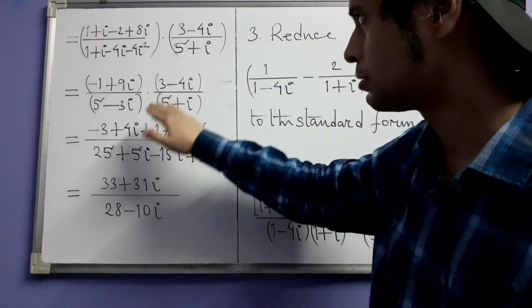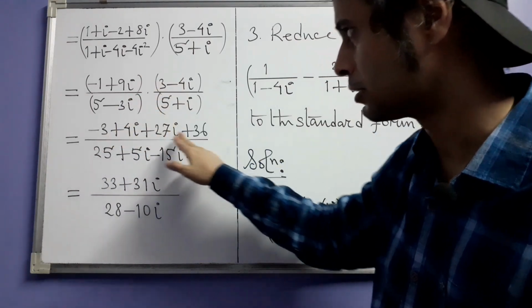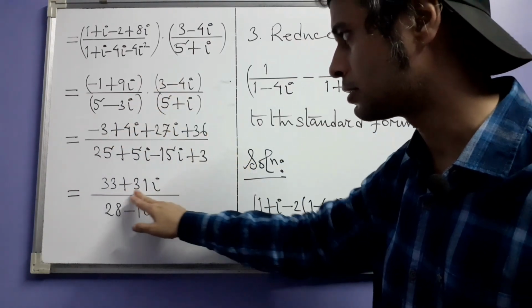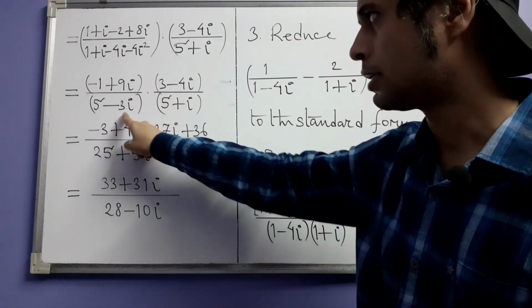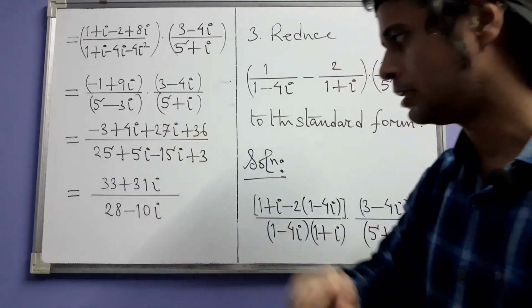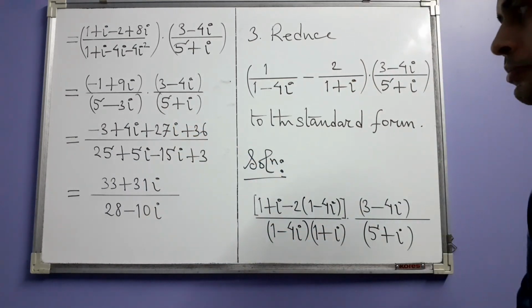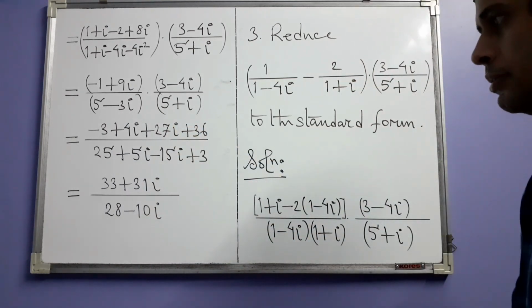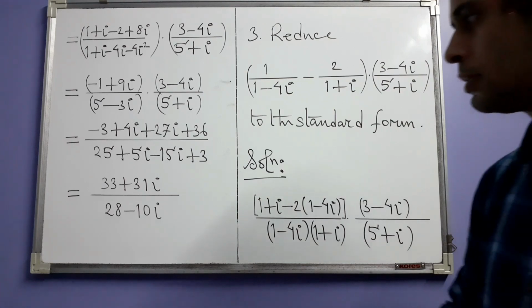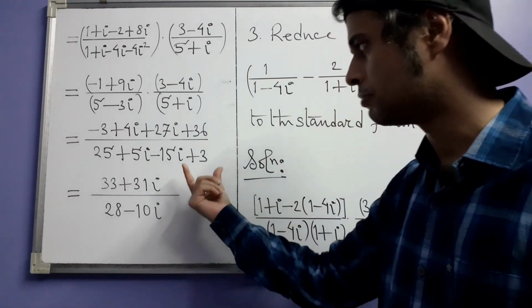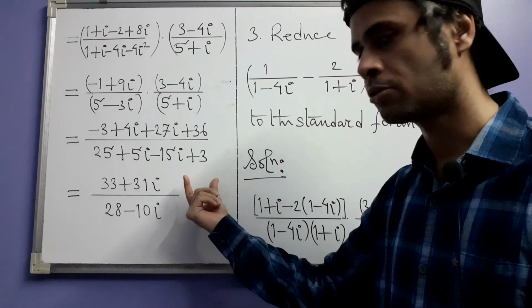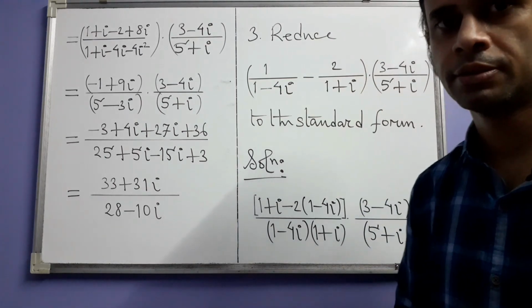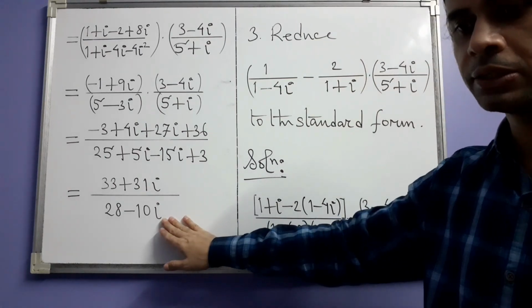As you do the multiplication in the numerator, you get this 33 plus 31i, and the denominator becomes 28 minus 10i. And then you know what to do next. You have to multiply and divide by the conjugate of the denominator, so that you can make the denominator real.